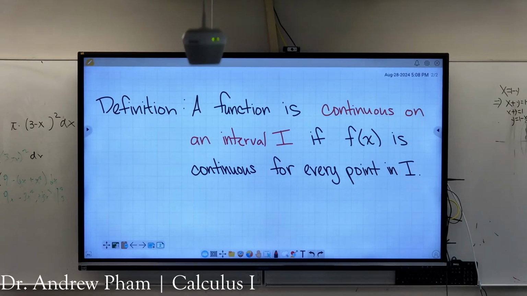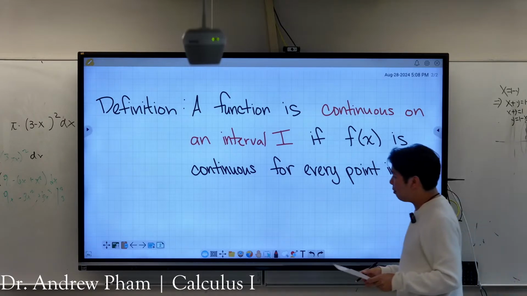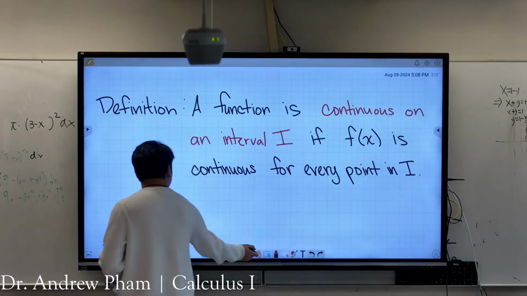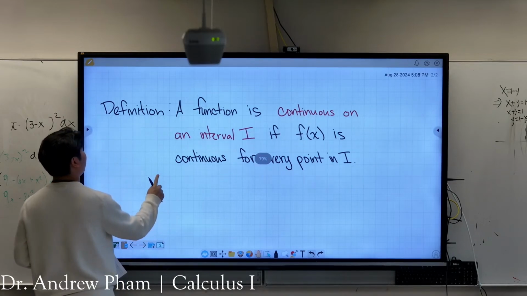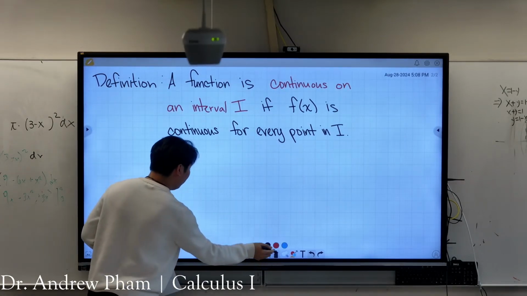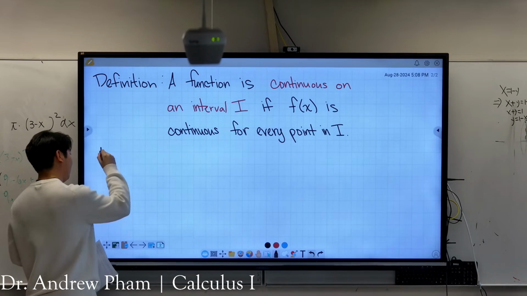So we're going to go ahead and deal with some examples on intervals of continuity. How can I find all the numbers for which I am continuous? So let's go ahead and do this next example. I'm going to keep this definition on the board for anyone that wants to write it, but eventually I'm going to move it up.